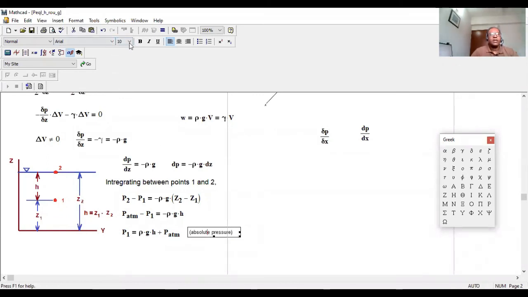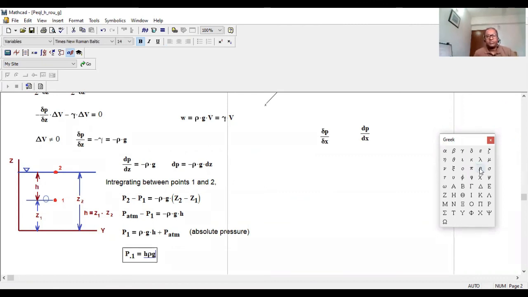Okay? That means if you put a pressure gauge at the bottom of a sea or river, what reading will it show? It will show the reading P1 equal to rho g h, this value.